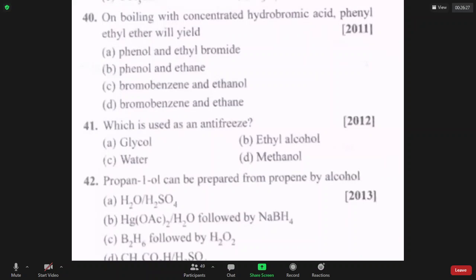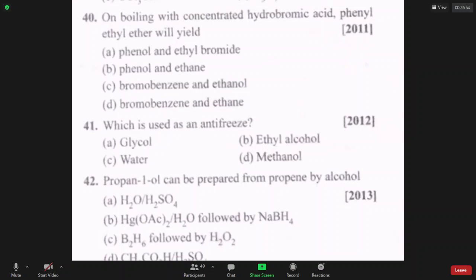Which is used as an antifreeze? Antifreeze means in cold countries, the water in winters becomes ice and gets accumulated on the roads. When the roads are fully covered with snow, you can't have traffic. So they spill ethylene glycol and glycerine, etc. The glycol lowers the melting point of ice, so it converts the ice into water.